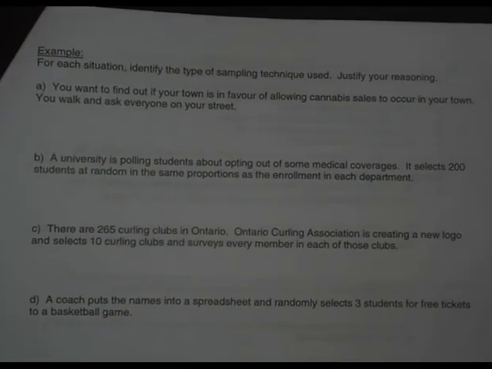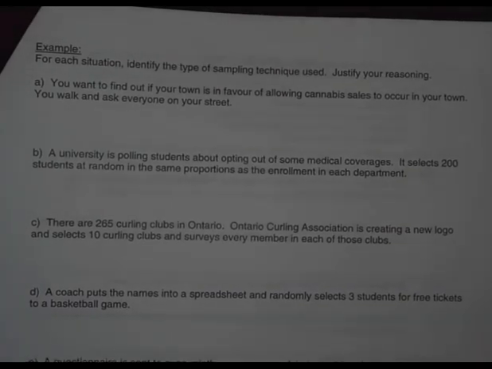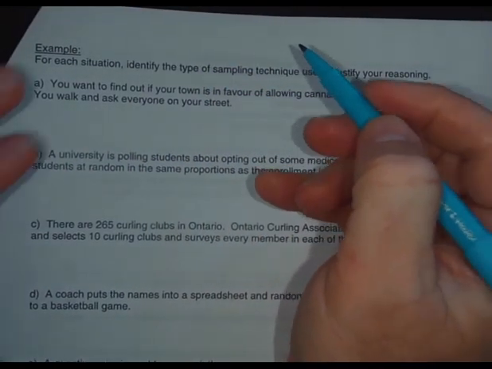So on this next page are some scenarios, all right? What I want you to do is push pause, and I want you to take some time to identify which of the 7 samples that we have.